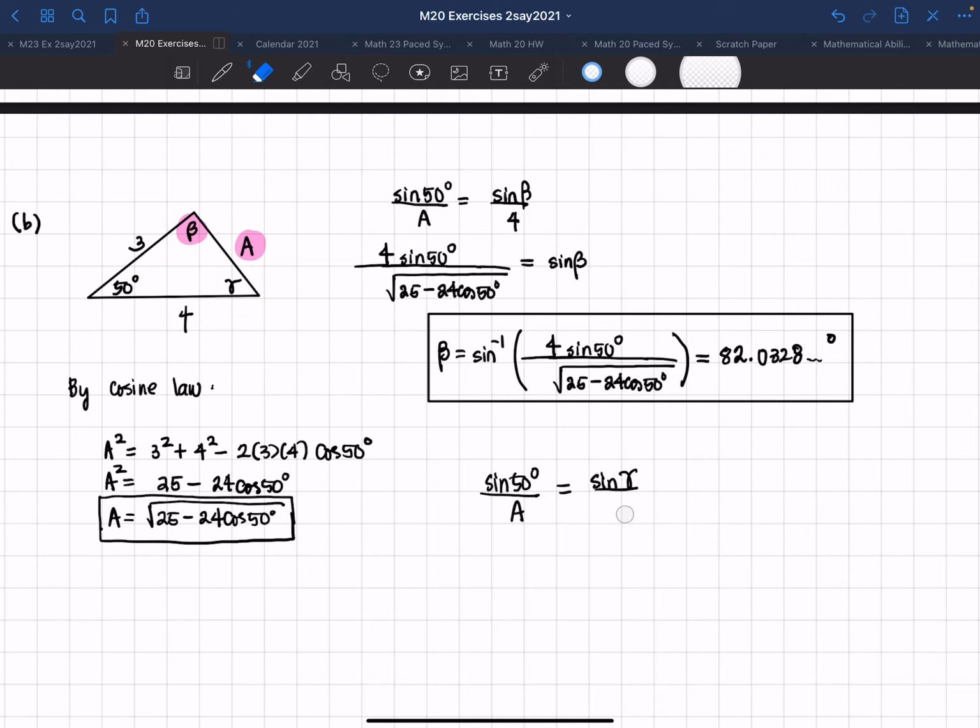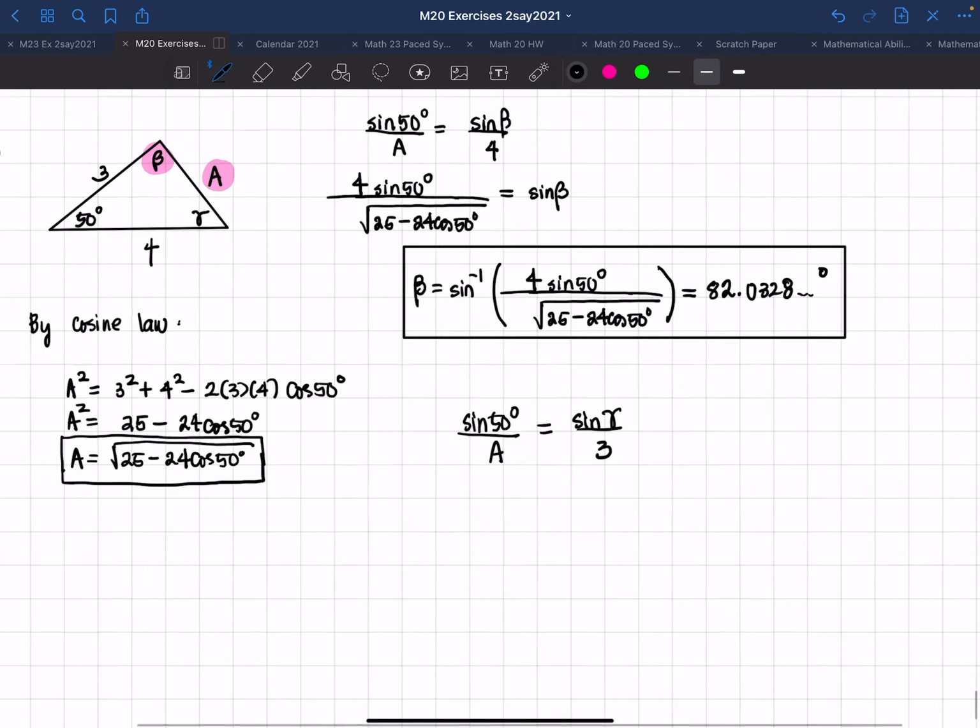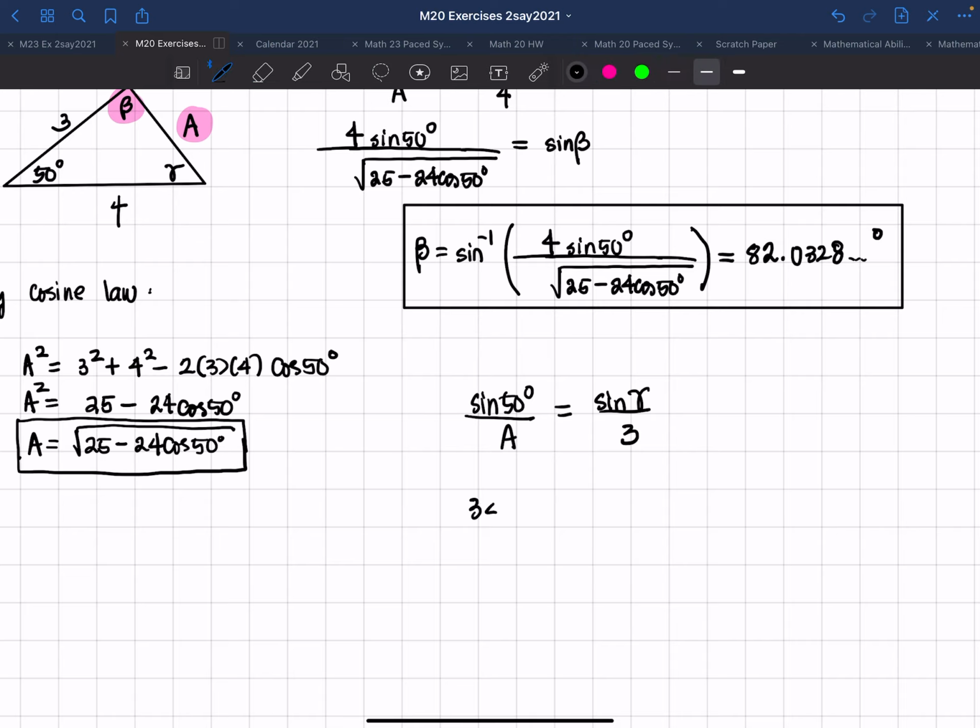That's 3. Yun yung notation natin. Yung A katapat alpha, B katapat beta, C katapat gamma. Multiply ko na both sides by 3. 3 sin 50 degrees divided by A. Pero A natin, 25 minus 24 cosine 50, sin gamma. Tapos kunin ang sine inverse on both sides.